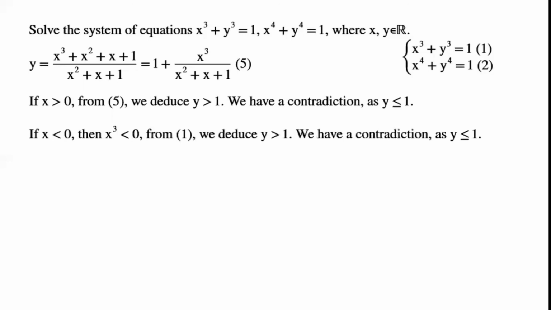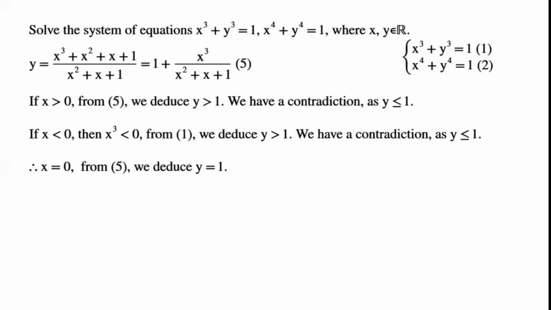If x is less than 0, then x cubed is less than 0. From equation 1, we can deduce that y is greater than 1. We have a contradiction, as y is less than or equal to 1. So x equals 0.